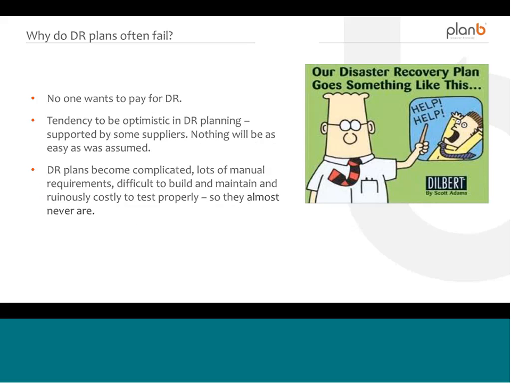And that results in a tendency for people to be optimistic in their DR planning. And there are suppliers out there who will almost encourage that because simple solutions are cheaper. The honest reality is that nothing is ever as easy as you assumed it was going to be. You won't be at your best capability on your best day.